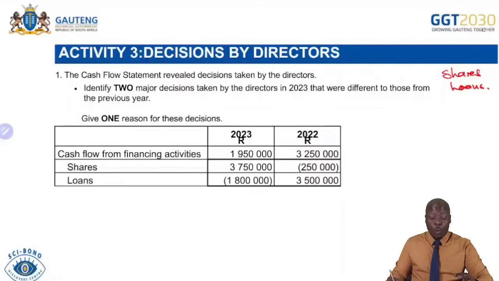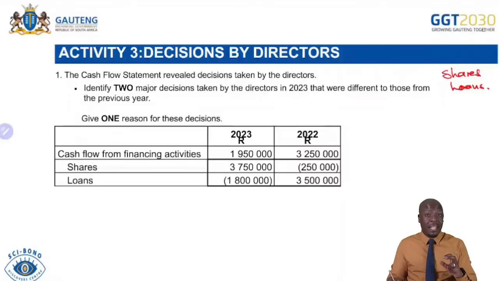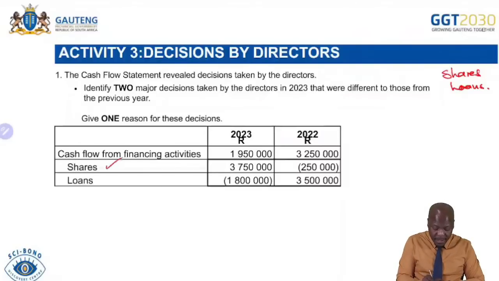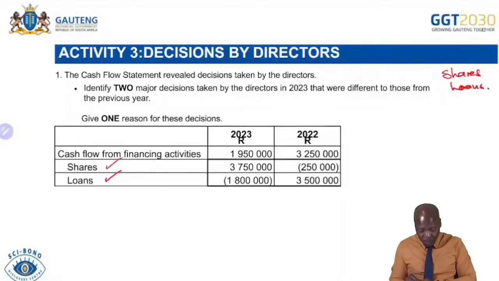Our finance for a company is either through own finance, own capital, own equity, shares, or borrowed equity, loans. So two sources of finance. As you see here, you have shares and you also have loans.